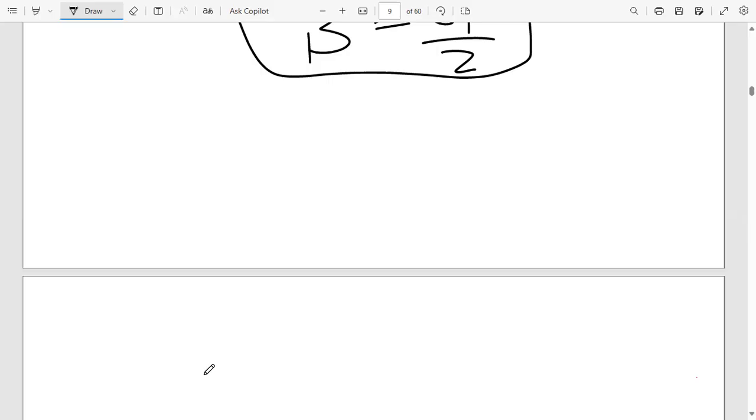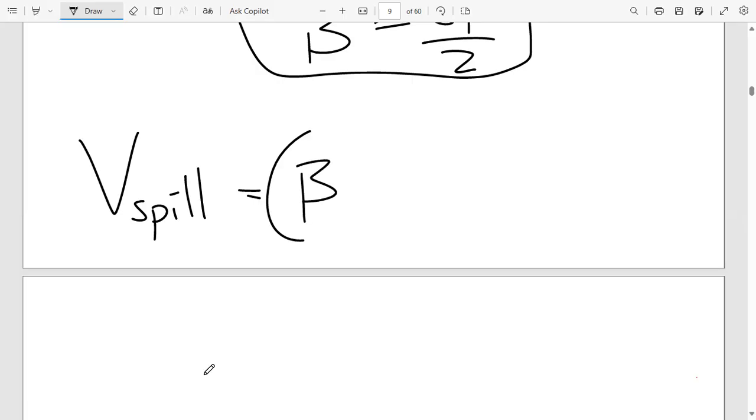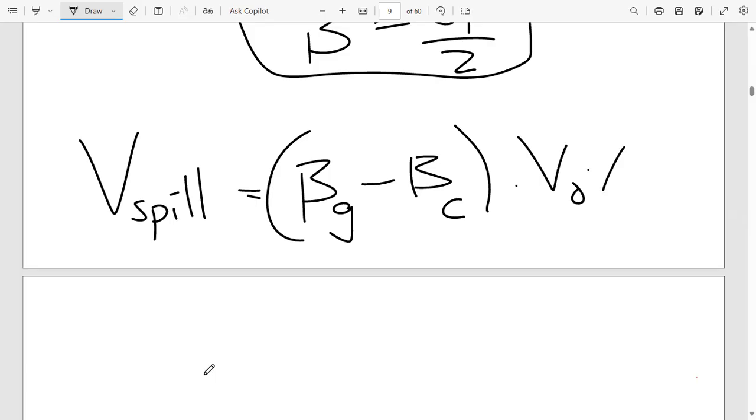And when you want to find the volume that has spilled out of the container, you can just use the formula. Volume of spill is equal to the difference in the coefficients of volume expansion of these 2, of which, since the gas is going to expand at a faster rate, beta of gas minus beta of container, multiplied by initial volume, multiplied by change in temperature, just like this. And you're going to find the volume of spill.